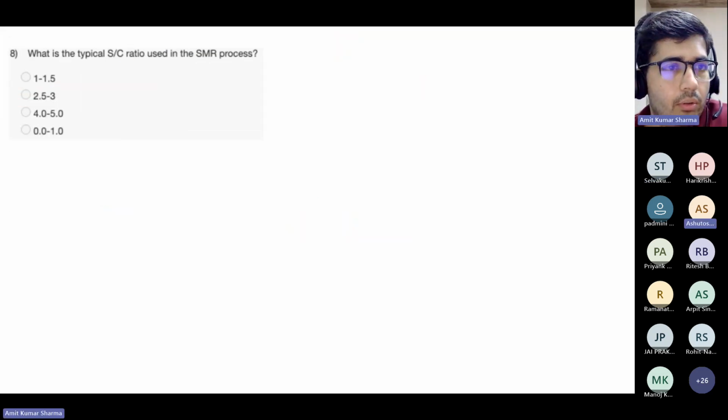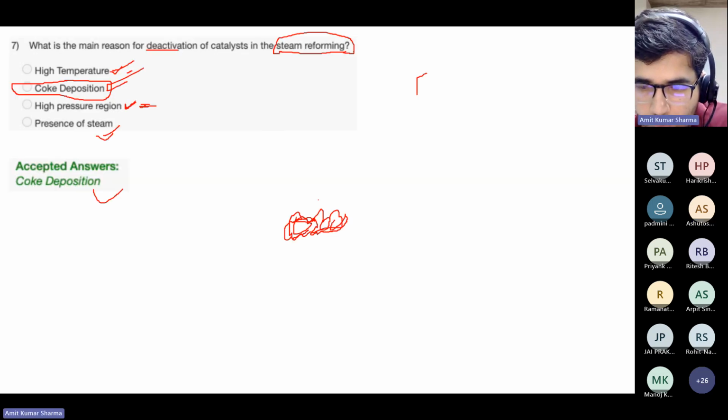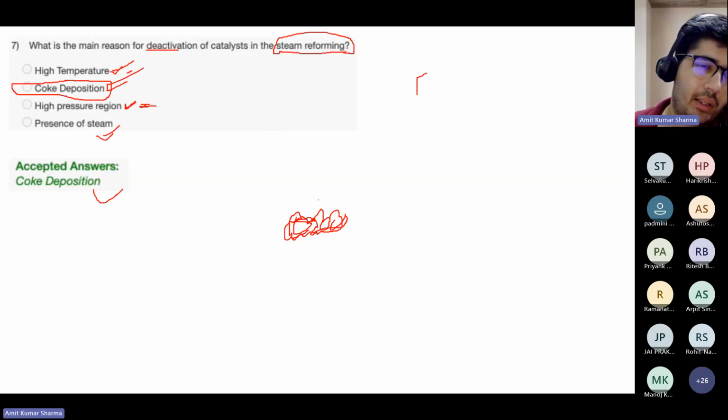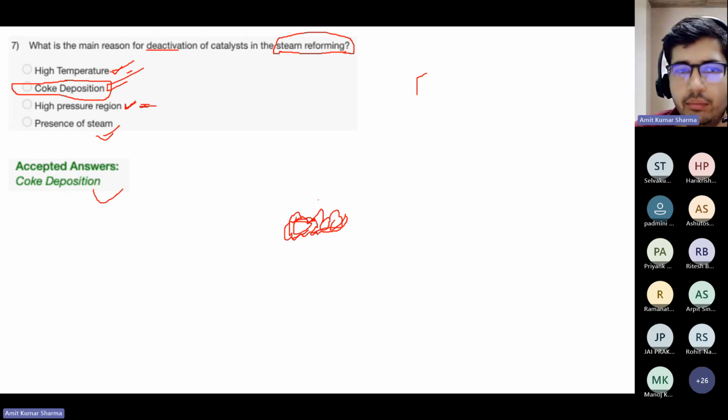What is the suitable temperature and pressure required for the reaction? The temperature is more than 850 degrees. That is the best temperature, 850 to 950. But you can still operate around 800 with an extra amount of steam, and maybe some side reactions will be there, but 850 is good.